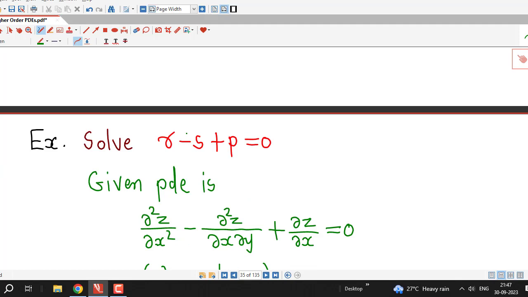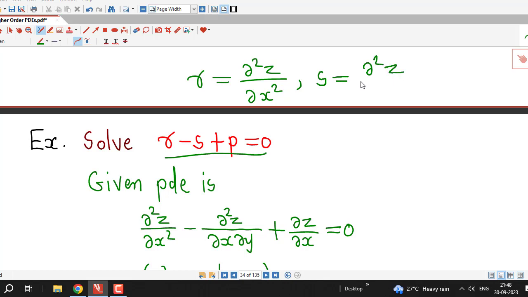Now we consider another example. Here our differential equation is given in this form. We are familiar with all these notations. R is the notation for the second order partial derivative of z with respect to x. S is the second order partial derivative of z with respect to x and y, and P is the notation for del z by del x, and we recall all the notations.